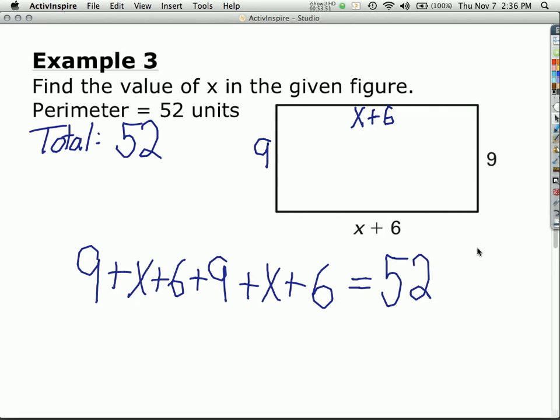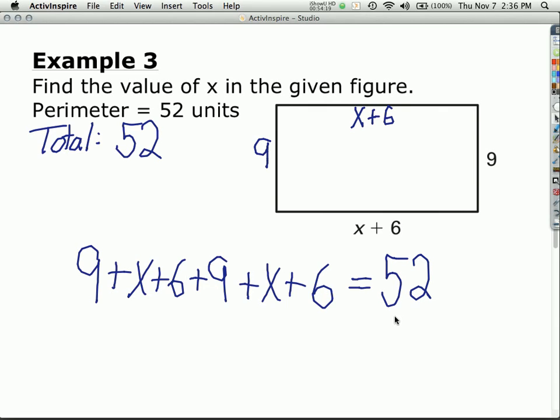Well, the way that you put it, it's 9 and then the parentheses, inside the parentheses are x plus 6, so you're suggesting multiplying. You're talking about the distributive property. So that would be area. If we were going to calculate the area, you're right, that's what we would have to do. But this time we're talking about perimeter. And as Gloria said, we just have to add up all the sides. So there is another way to do it, but this is the simplest approach.